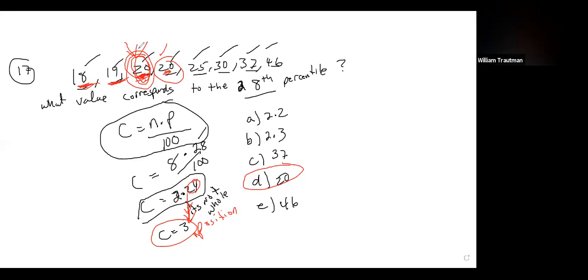Trinity, you said if C is not a whole number, round up to the next whole number. So you said go to the lowest number. No, you round up to the next whole number, which is 3, and then move 3 spaces over from the lowest to the highest. The answer is 20.